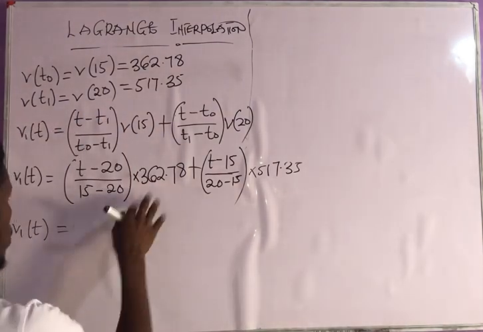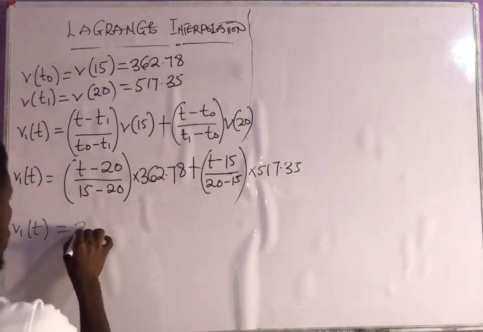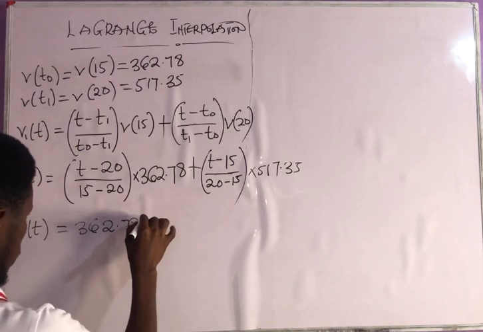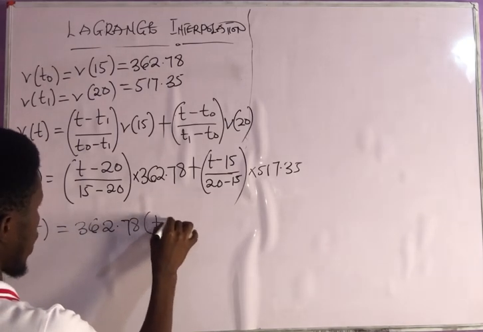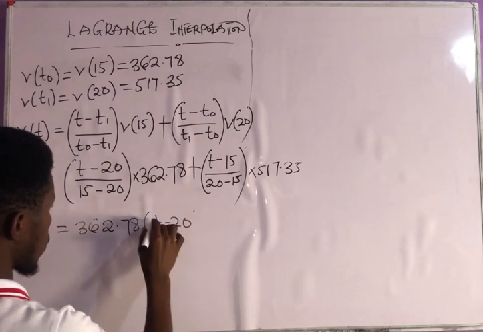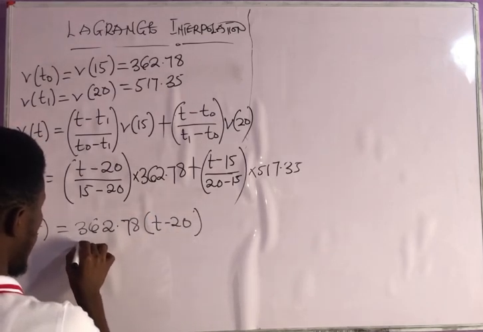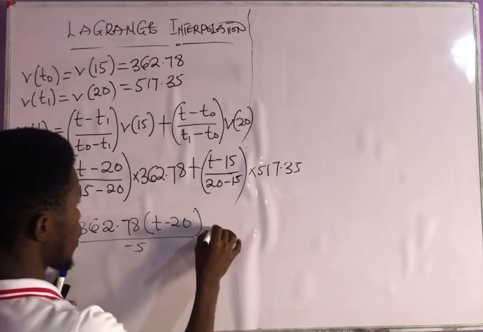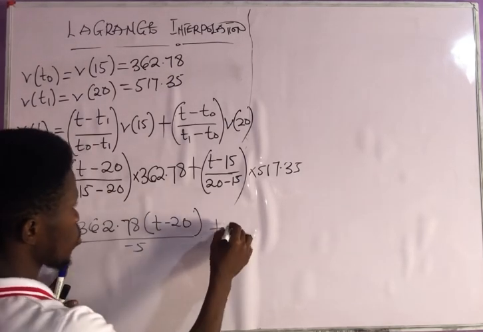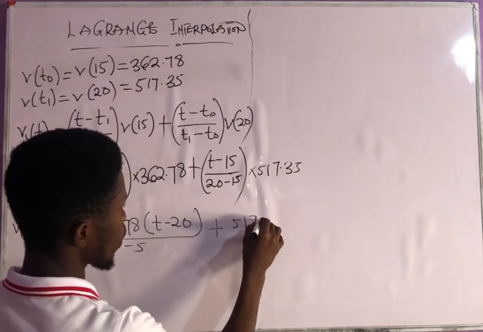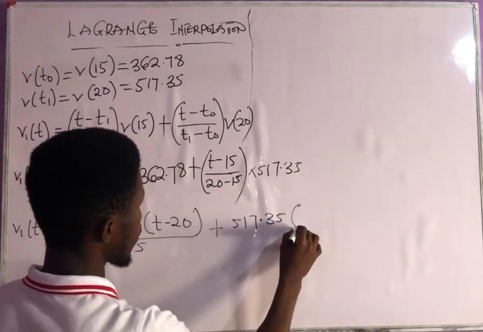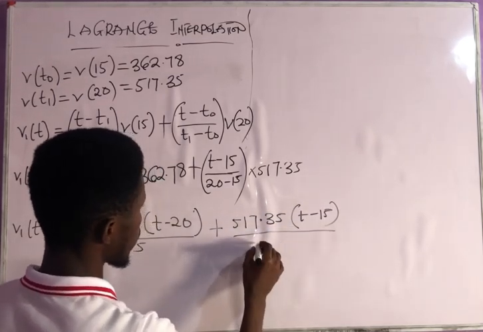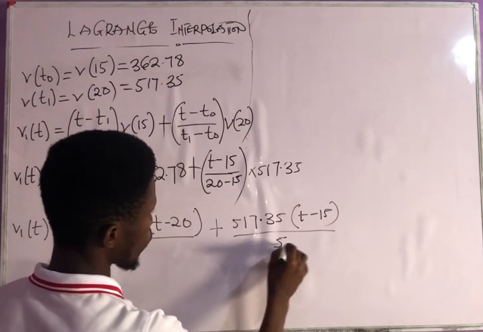So what I'm going to do is multiply this one by that. That will give us 362.78 multiplying t minus 20 over -5, plus 517.35 multiplying t minus 15 all divided by 5.